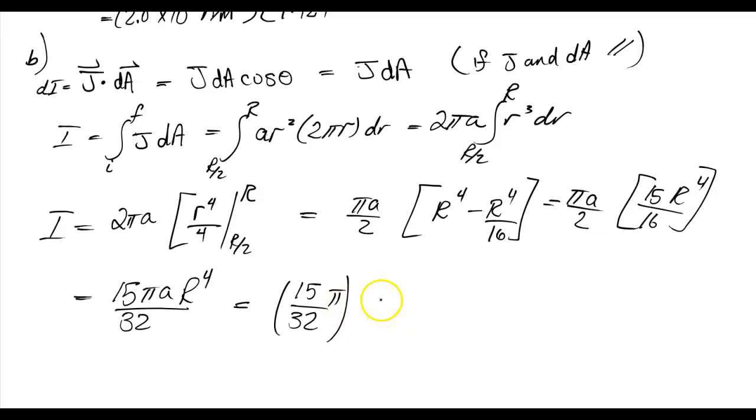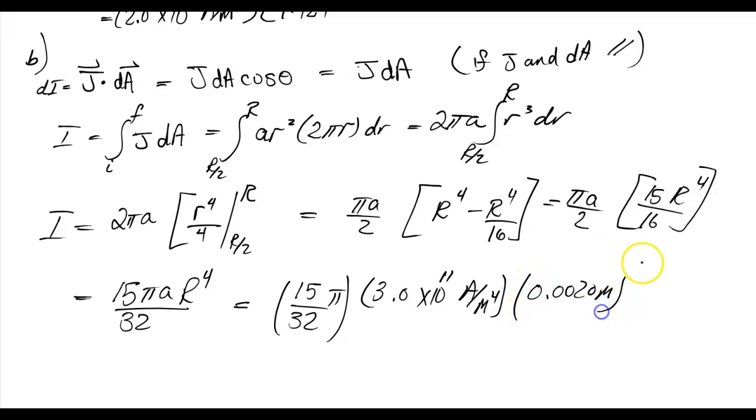A is 3.0 times 10 to the 11th amp per meter to the 4th, times the radius, which is 0.002 meters to the 4th, which gives us about 7.1 amps.